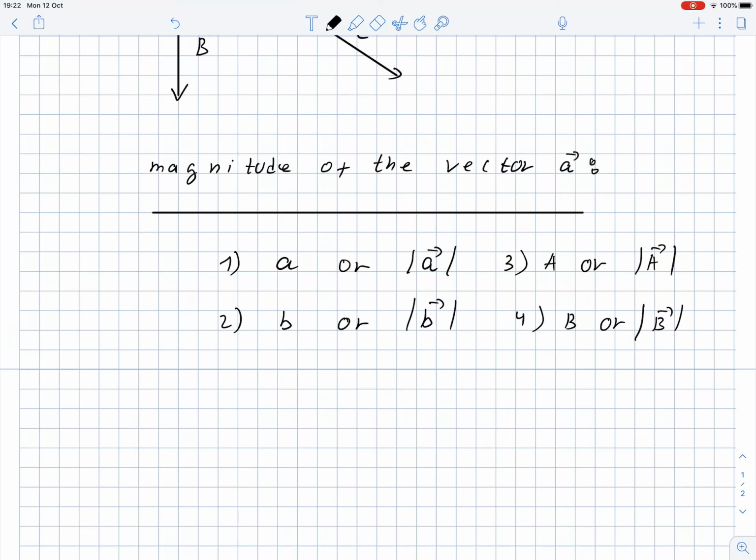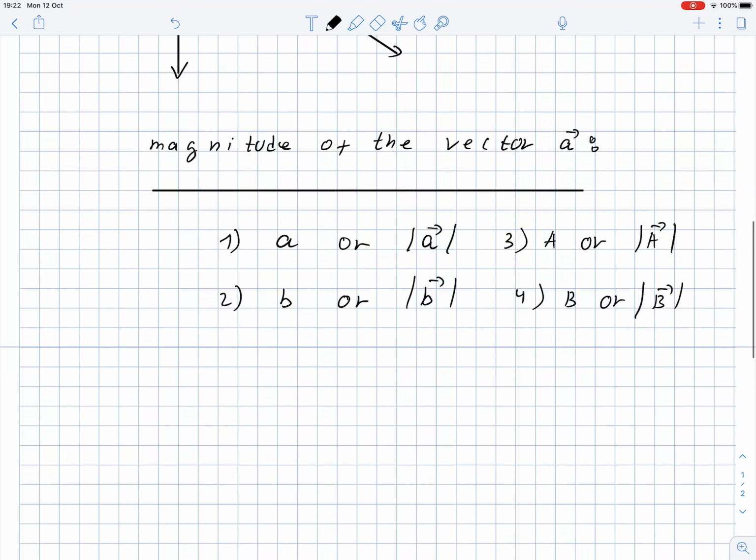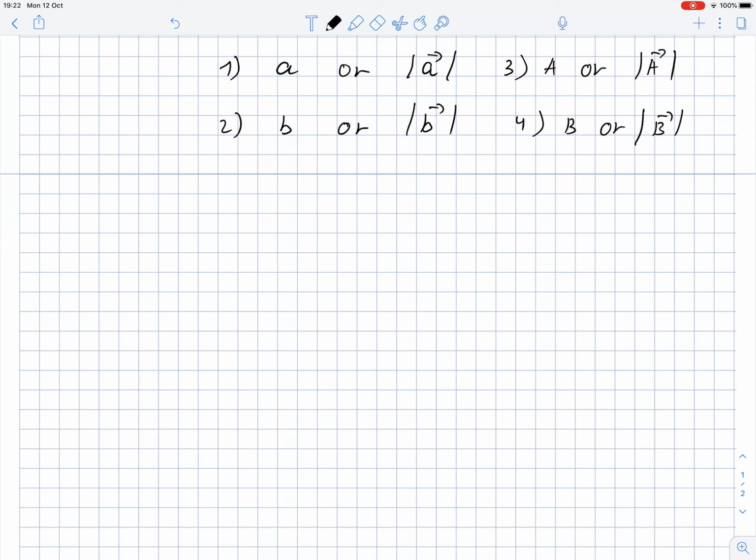Another example for a vector could be a force. Let's assume you have some book on the table and the book stays still, which is, it has no velocity. Suppose you want to move this book from this point to this new point.